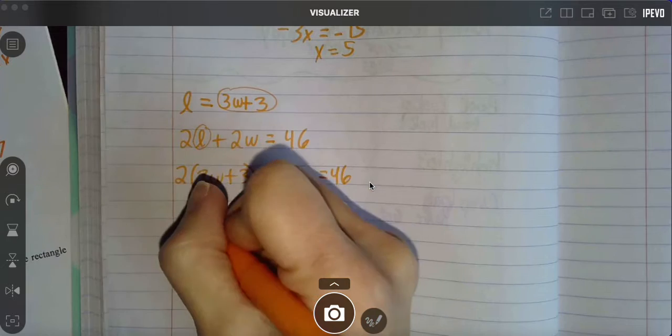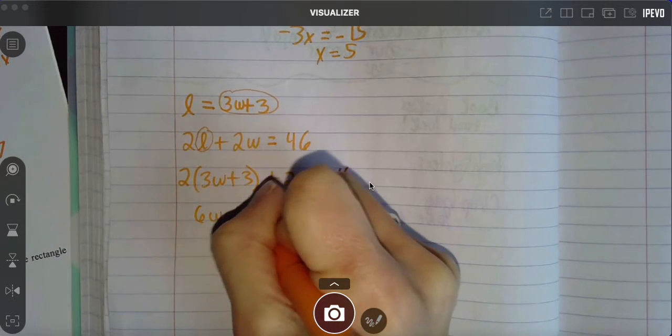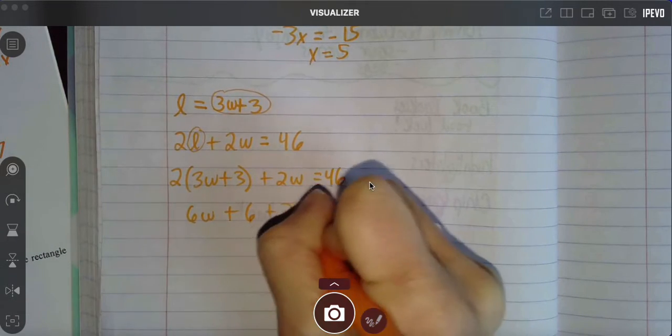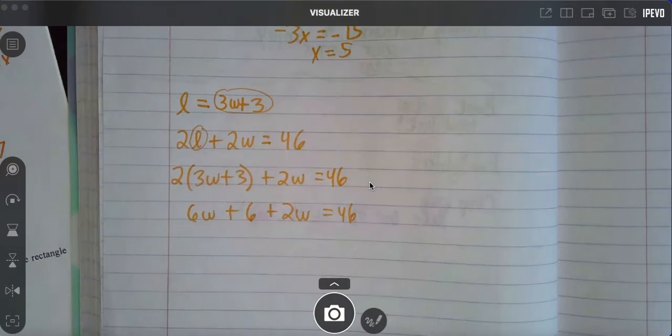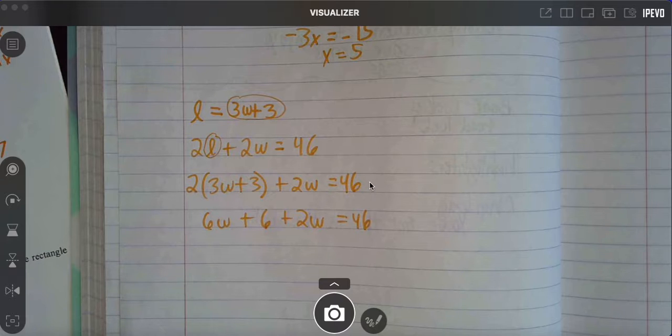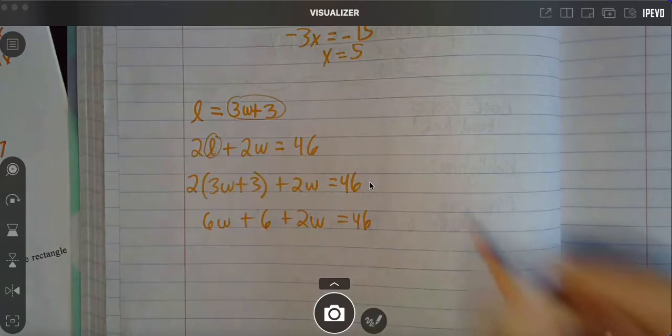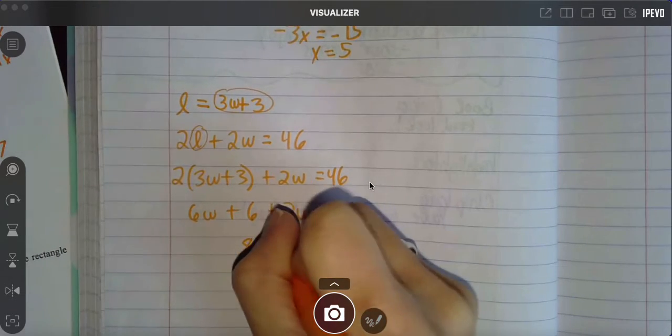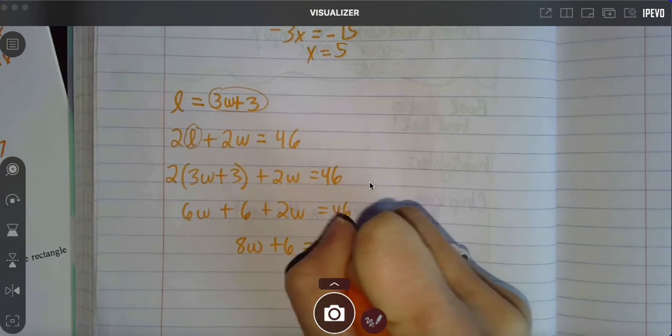So I get 6W plus 6 plus 2W equals 46. Now, what do I do with that 6W and 2W? They are on the same side, so I do exactly what it says. What is 6 plus 2? 8. So that's going to be 8W plus 6 equals 46.